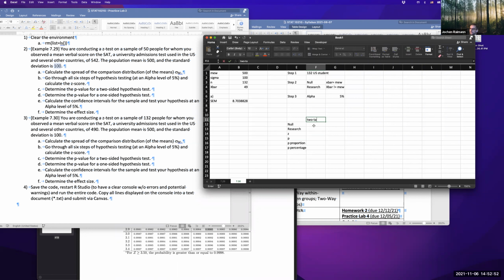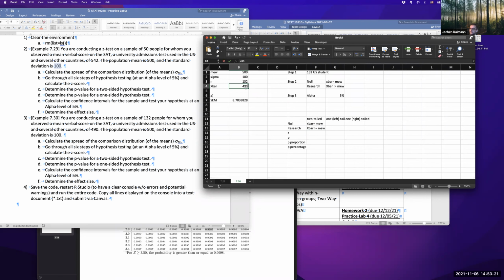The two-tailed one, left-tailed one, right-tailed, right? So our null is exactly this. Our set is x bar for 90.